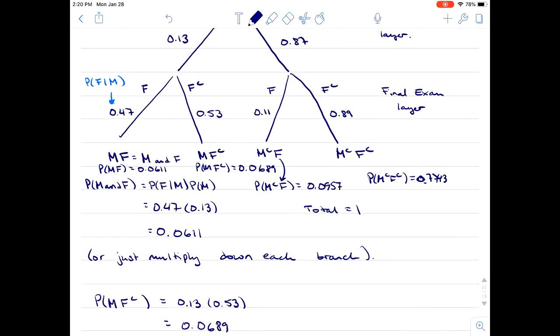Whenever you catch yourself saying and, this and this gets you to the end of this branch. This and this gets you to the end of this branch. That's when we're going to be multiplying. So just as a quick check, if you're saying and, you're going to be multiplying down the branches. And if you're saying or, you'll be adding up these branches.